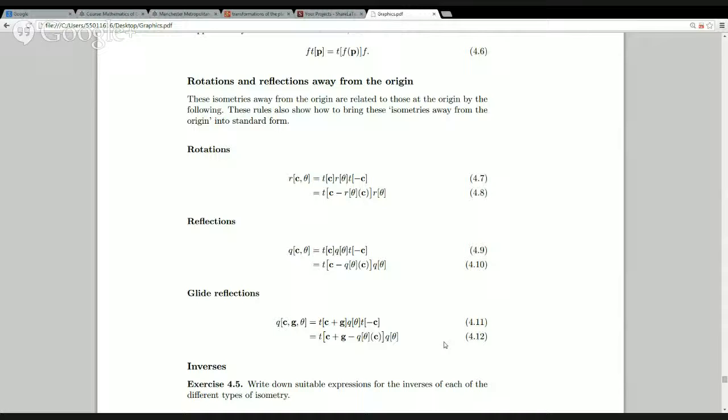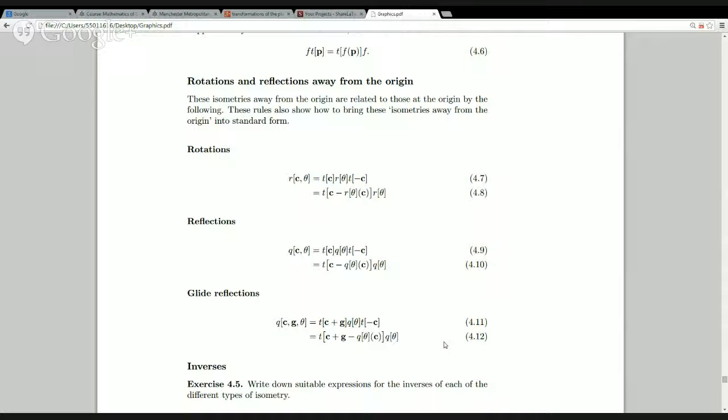A rotation isn't, except for the special rotation, which is rotation by pi. If you rotate the plane half of a full turn, and you just do that again, you get back to the identity. So that's its own inverse. But in general, rotations aren't their own inverses, as a normal reflection always is.